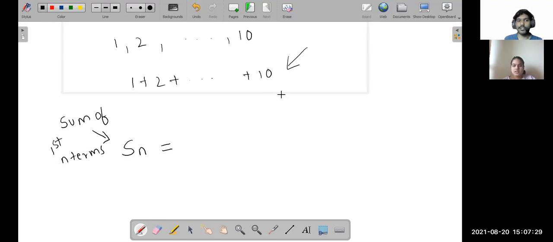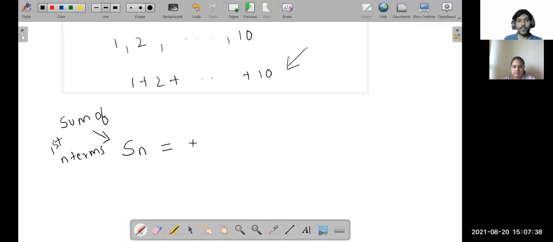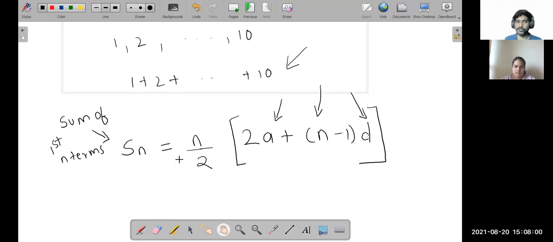So the formula for the sum of the first n terms is n upon 2 bracket 2a plus n minus 1 into d, where a is the first term, d is the common difference, and n is the total number of terms in that particular AP.